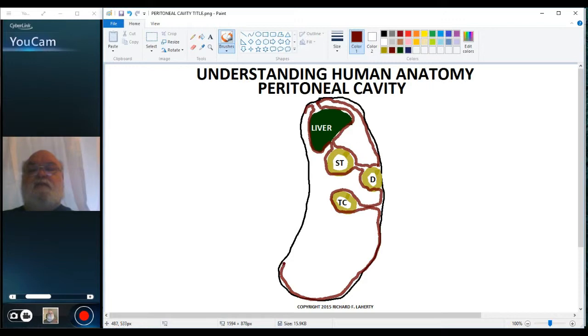And just continuing around the parietal peritoneum on the ventral body wall, and we've completed the circuit.